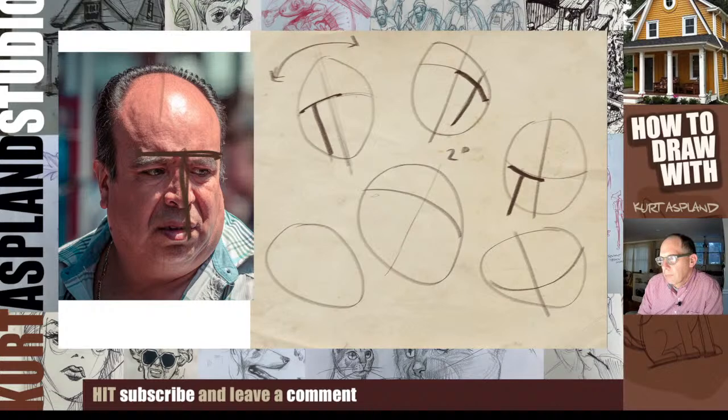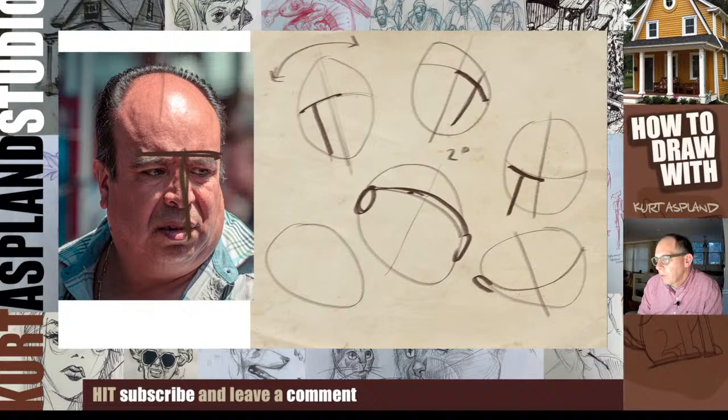Sometimes it's hard to figure out if they are looking up or looking down. But here's a trick you can remember. Typically, if you look at the top of their ear, and if their ear is lower than their brow line, that means you're looking up at them.